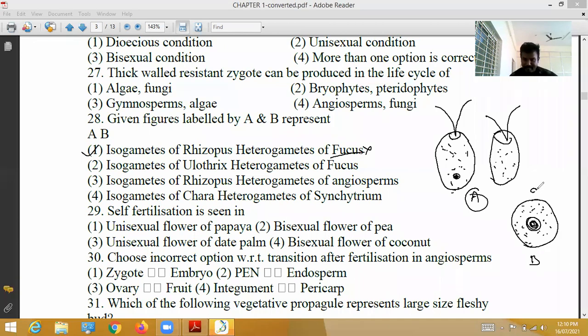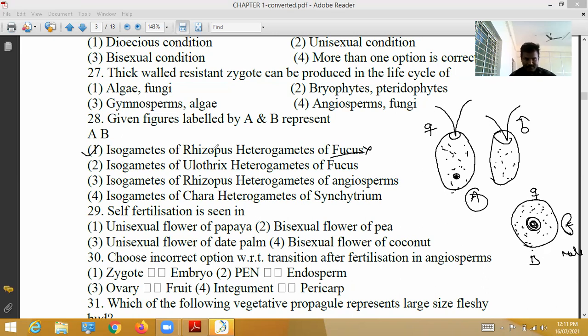It is the female diagram. Male diagram I am drawing. This is the male gamete, this is the female gamete. So A represents homogametes, B represents heterogametes.